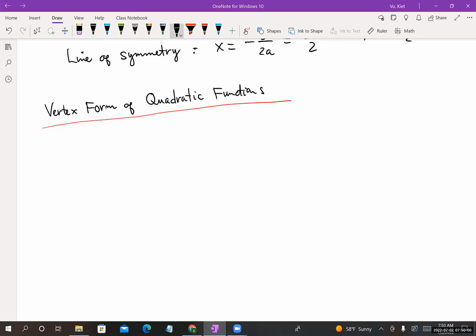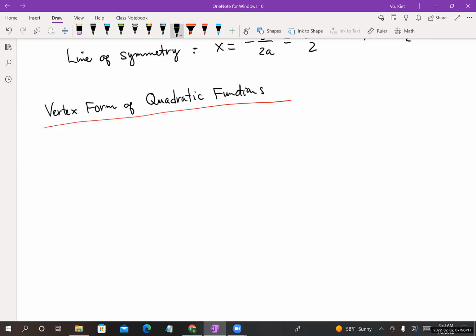To get the vertex form, we would have to complete the square.